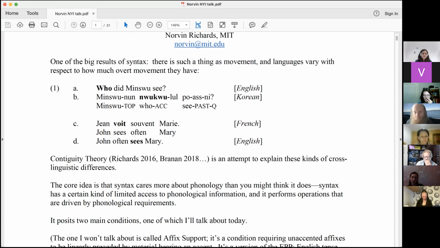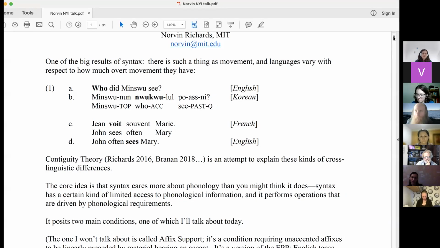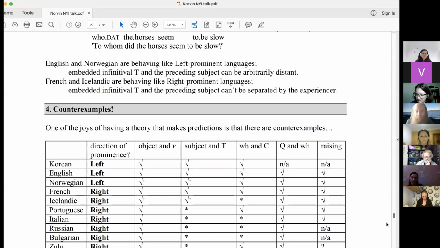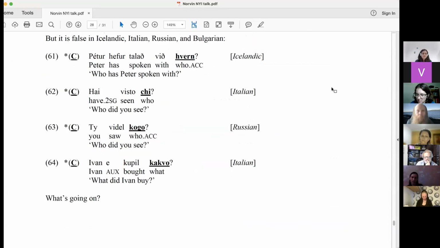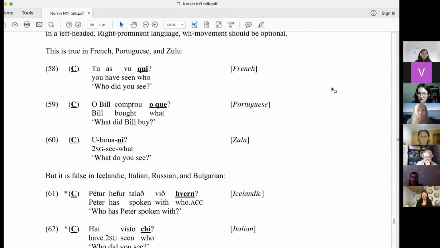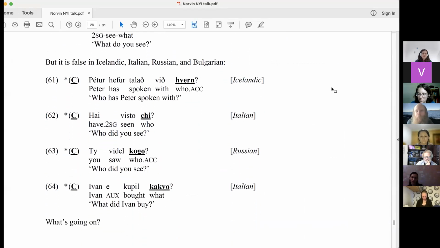Another one of your questions was what I was going to say about languages that have multiple overt WH movement. And in fact, as you said, there are arguably more than one kind of multiple overt WH movement. That was one of the things that I skipped because it was a counterexample, and also for various reasons. So I said we've got all these right prominent languages.